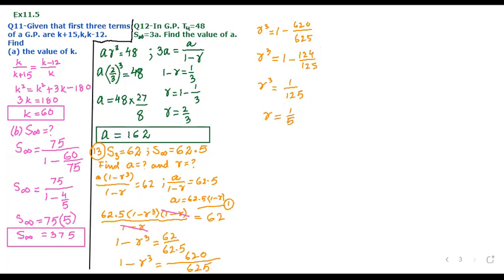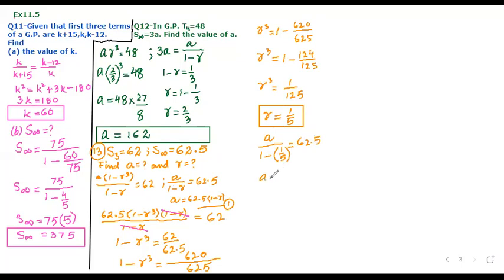So this is the answer for r. Now putting this value of r in one of the equations, this one is the easier one. So a upon 1 minus r, the value of r has come out as 1 upon 5, equal to 62.5.